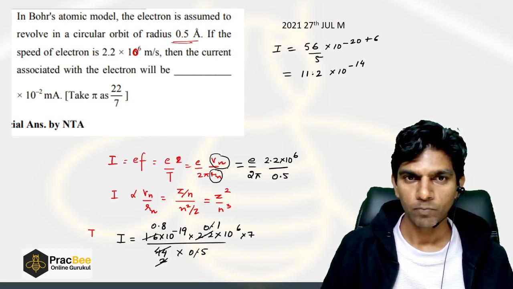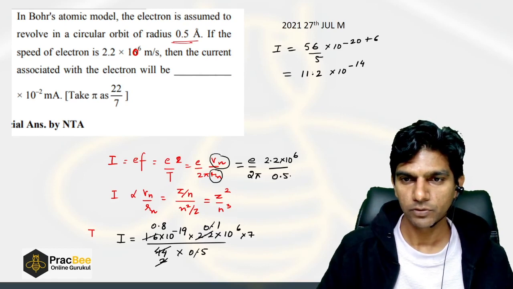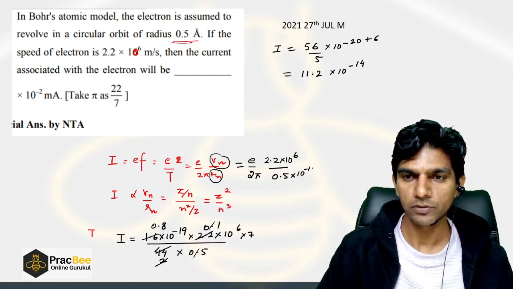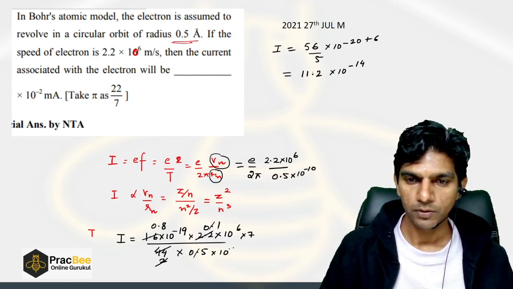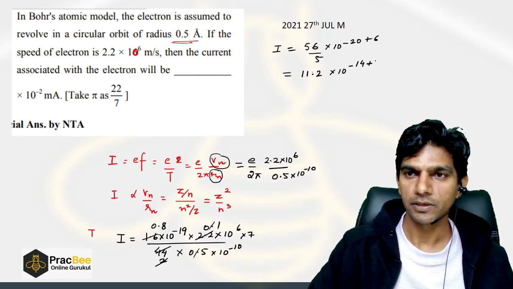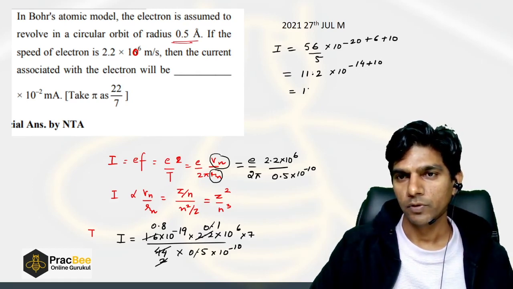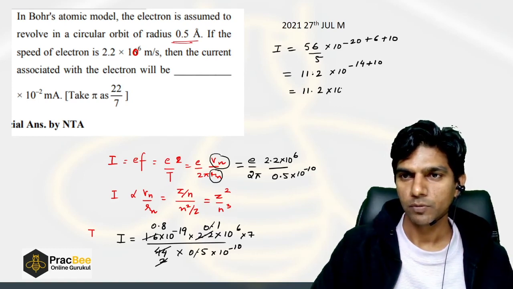Yes, so it is in angstrom, right? So 10 raised to power minus 10 is also there. So 10 raised to power minus 10, so this will become plus 10 here, right? So we will get 1.12 into 10 raised to power minus 4.